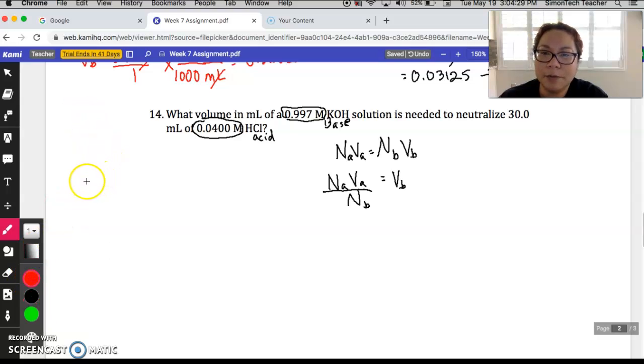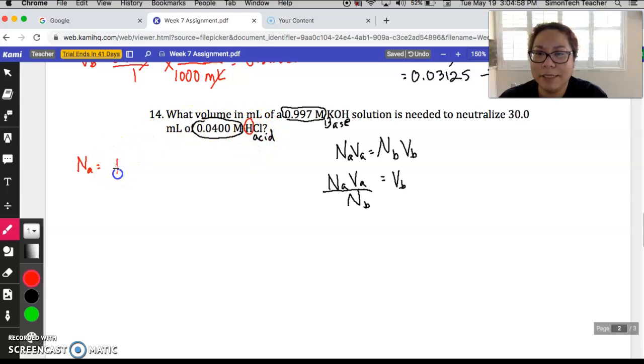And like the problem before this, let's try to figure out the normalities for both of them. So the normality of the acid, we figured out that the acid is HCl. This is also your Arrhenius acid. It's got that hydrogen right there. So it looks like that there is one hydrogen ion for every ion of chloride to make this acid.